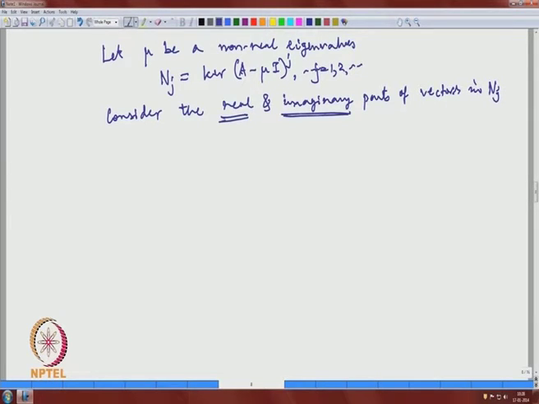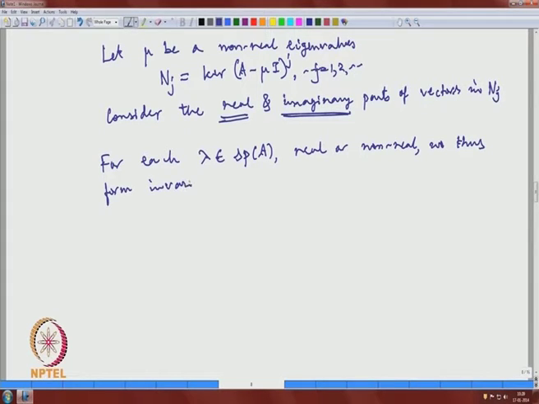So, let me now put this together. For each lambda in the spectrum of A, real or non-real, it does not matter, we thus form an invariant subspace, let me call it N_lambda, of R^n, that is important.